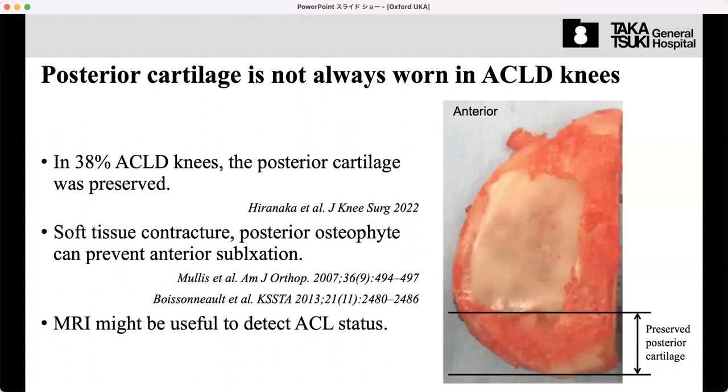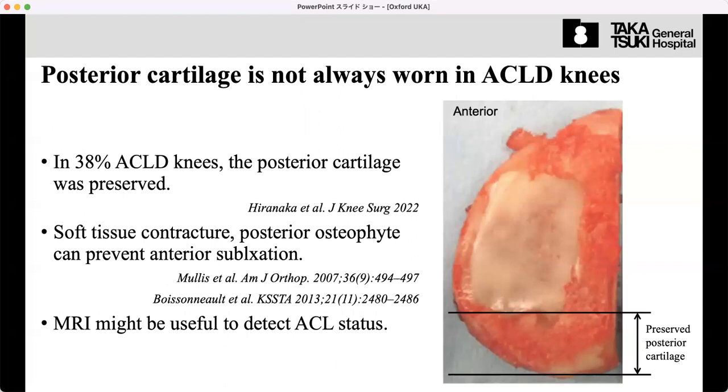So in such cases, you should prepare a backup TKA, or if possible, you can reconstruct the ACL intraoperatively after unicompartmental arthroplasty. It is quite easy because the bone tunnel can be made very easily under direct vision.